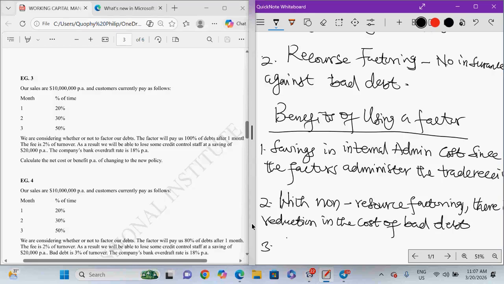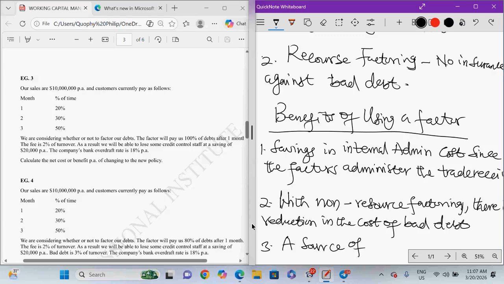And also it can be a source of finance. When you hire a factor, they can give you 80%, they can give you 90% or so, right? You take this 90% of the money that you are going to collect so that you can continue with your operations, because without the receivables, without the money, it will be difficult to operate.